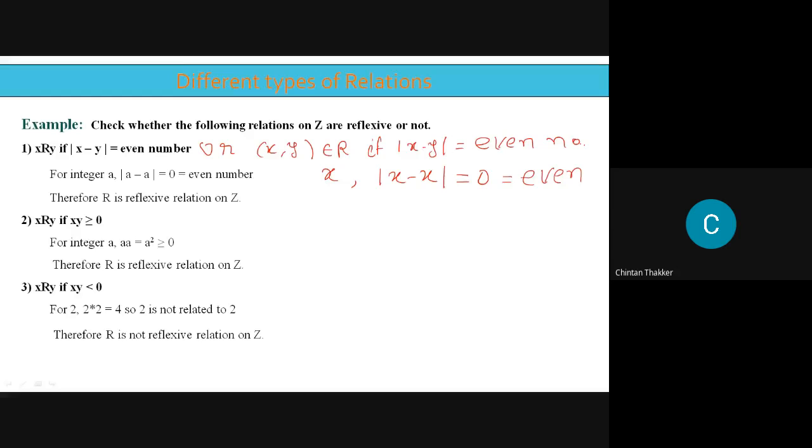If you want to prove it is not reflexive, you can use a counterexample. That means you can use a specific element and prove that it is not related to itself.